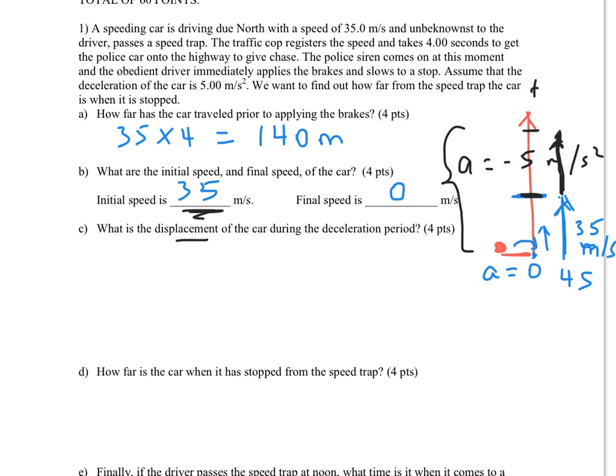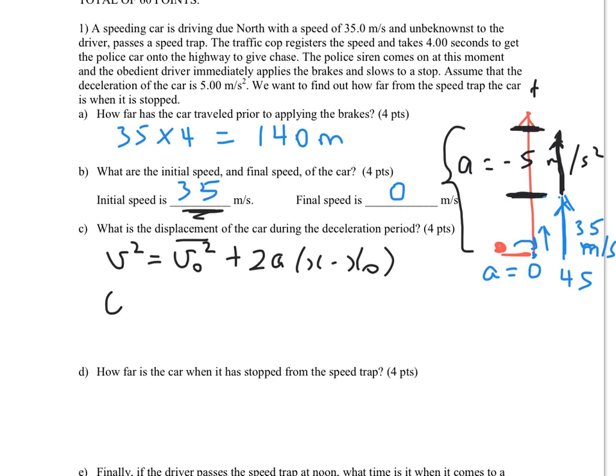Now, if x naught is over here, and if you think of this as 0, then you're just looking for x, which would be the distance from where the car is stopped here to where the car was starting the deceleration. Now the equation, if you look at the many equations, the one that would solve this is the one that says v squared is v naught squared plus 2a times x minus x naught.